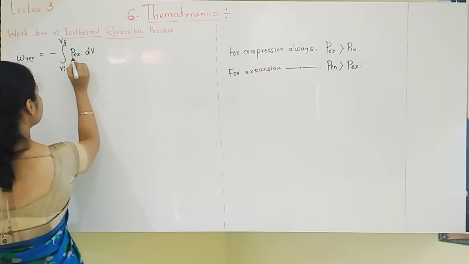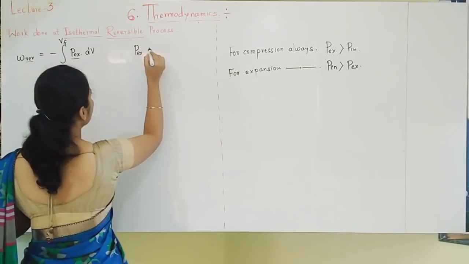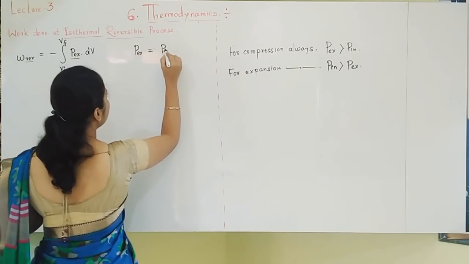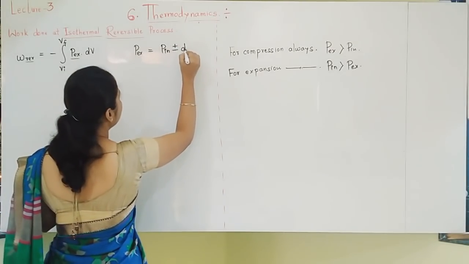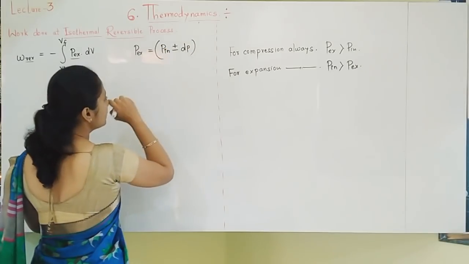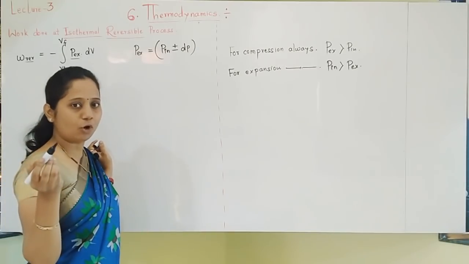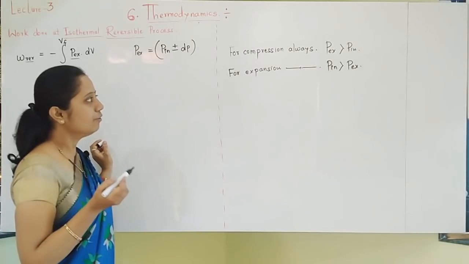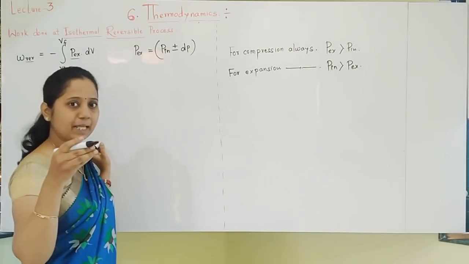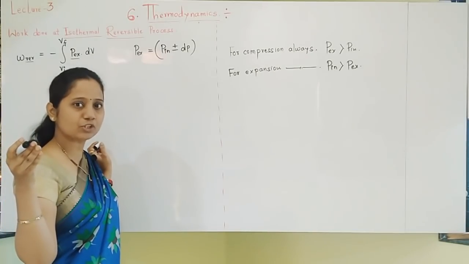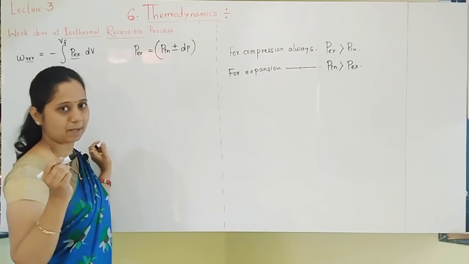So for P external, students, I can write that P external can also be written as P internal plus or minus dP. Sometimes the external pressure can be a little more or a little less. For both types, compression and expansion, external pressure will be more in case of compression, or less in case of expansion.